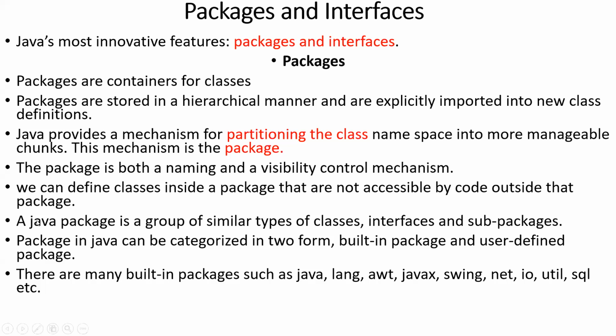Next, the fourth point is the mechanism of partitioning the class namespace into more manageable chunks. For example, we know that in Java, classes are executed in a namespace environment. In that directory, the bytecode will be generated, and that bytecode will give the output.